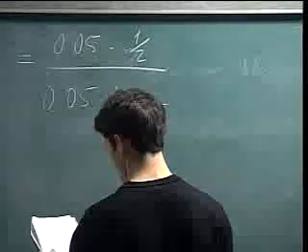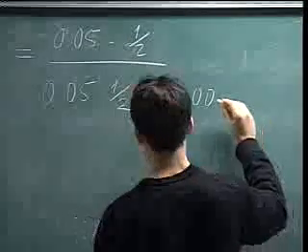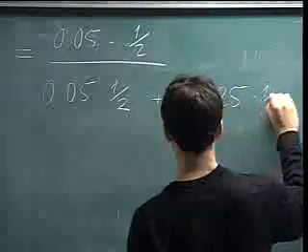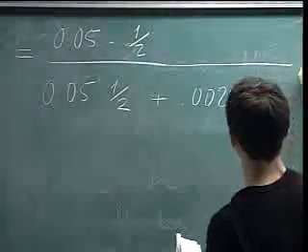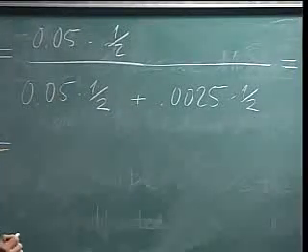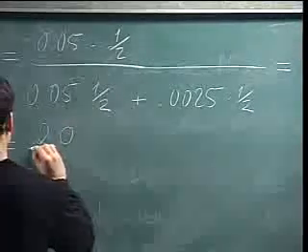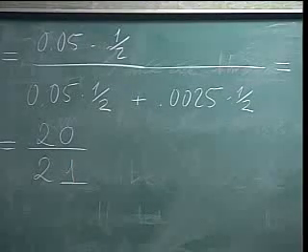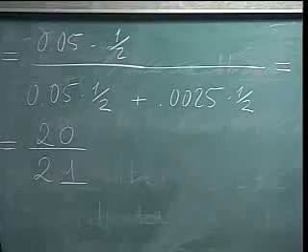So how do you write that as a fraction? Yeah, 0.0025, again, times 1/2. And this ends up giving you a pretty high probability. So this is classic Bayes' rule. Any questions?